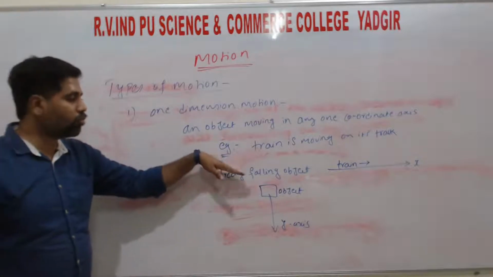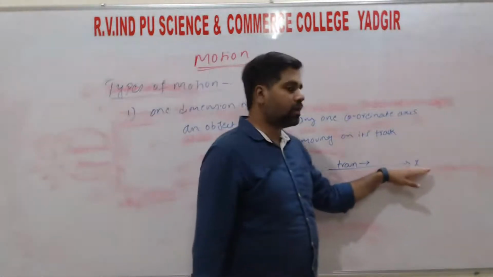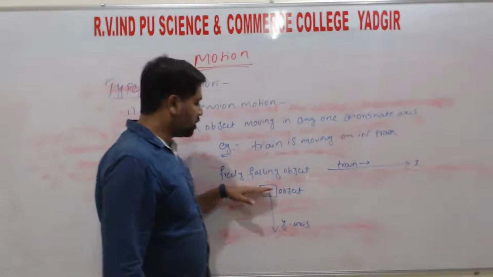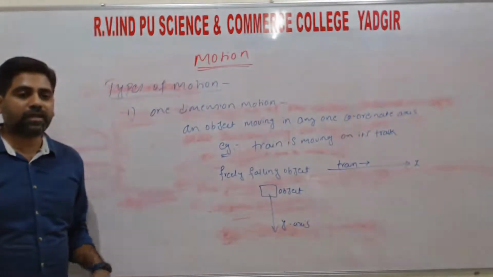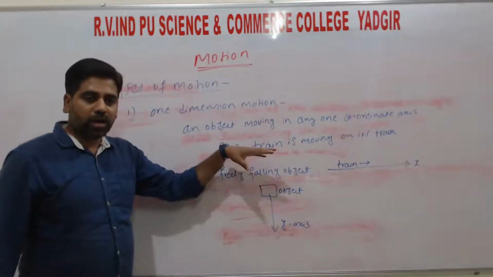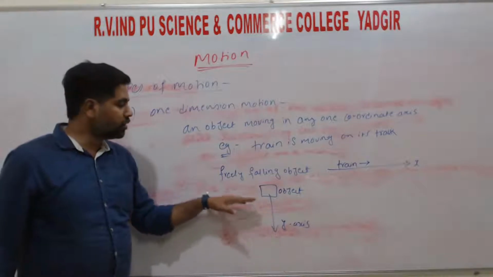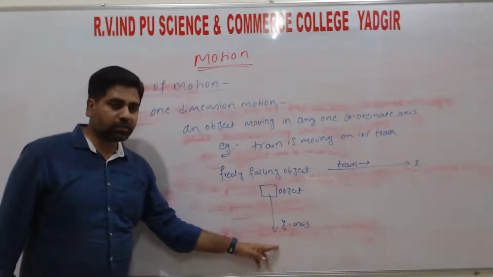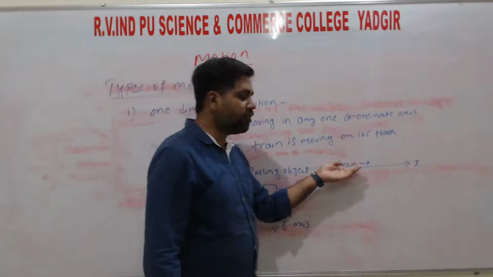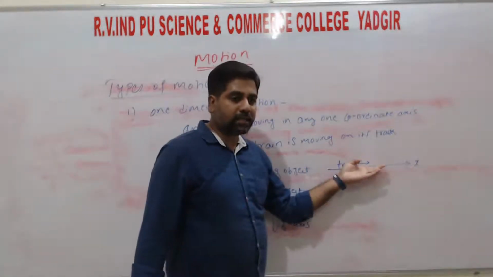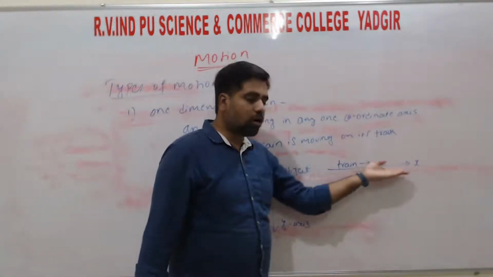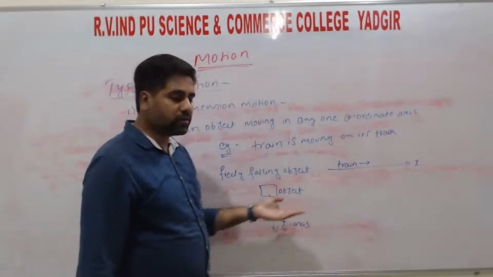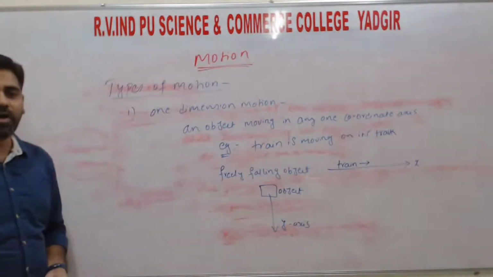Right? So here we have two examples. One is along the x coordinate and another is along the y coordinate. Any object which is falling freely follows the y-axis, and any vehicle traveling on a straight road moves along the x-axis. That is along the horizontal, and this one is along the vertical.